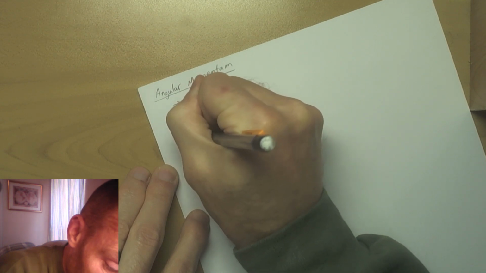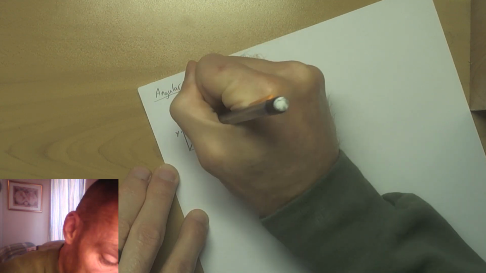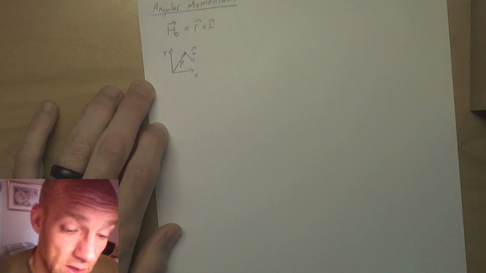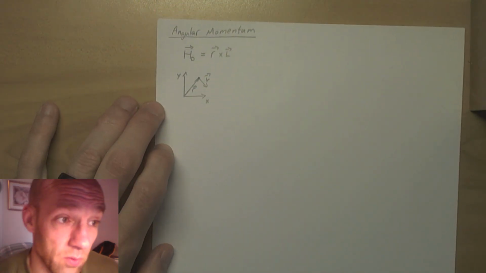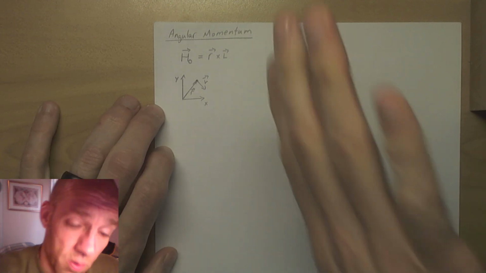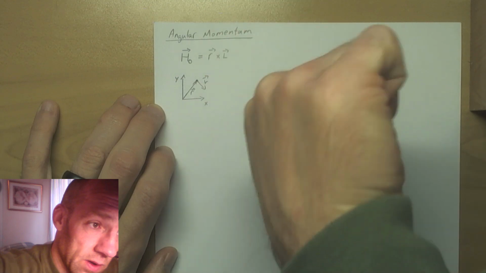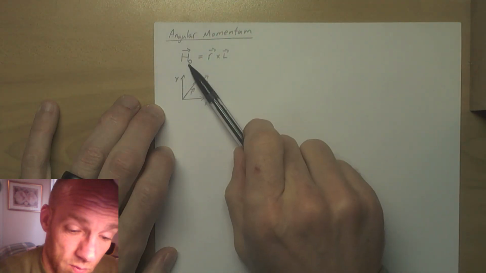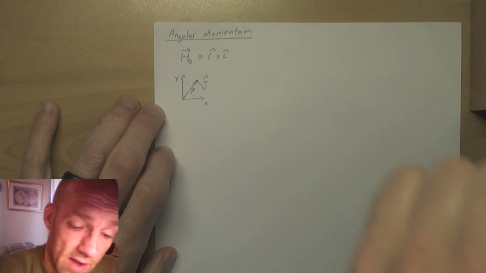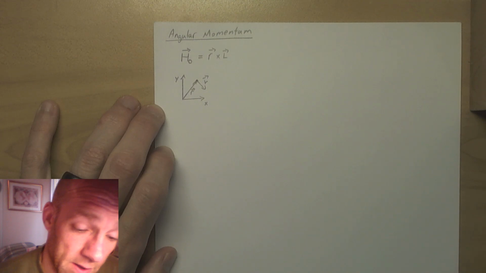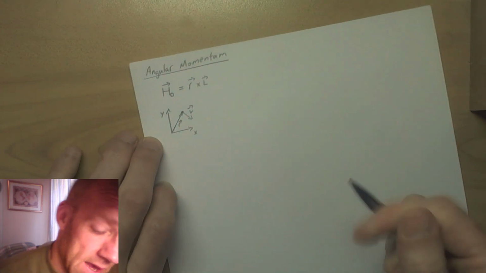So here's the position vector, here's the momentum vector, and so you can kind of tell this particle is going to be rotating clockwise. So by the right-hand rule, the angular momentum will be in the negative z direction. Okay, it'll be into the paper.